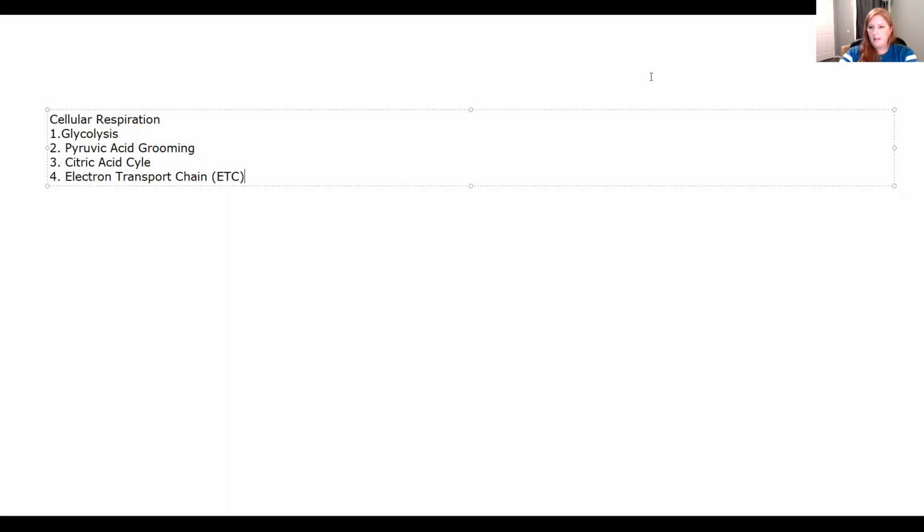Some things to go over here. Glycolysis takes place in the cytoplasm of the cell. And yes, these are notes you need if you're writing them down.